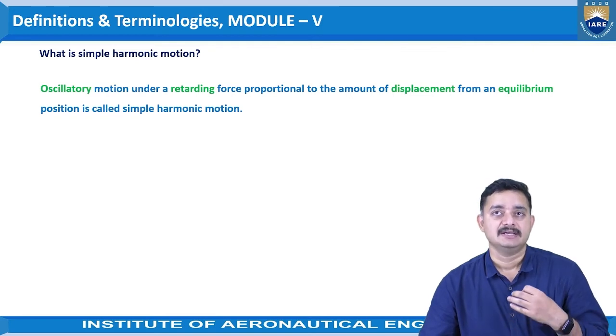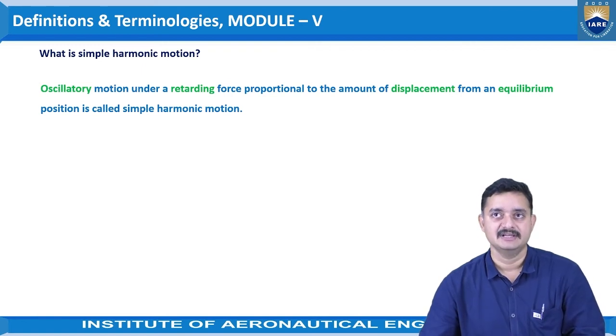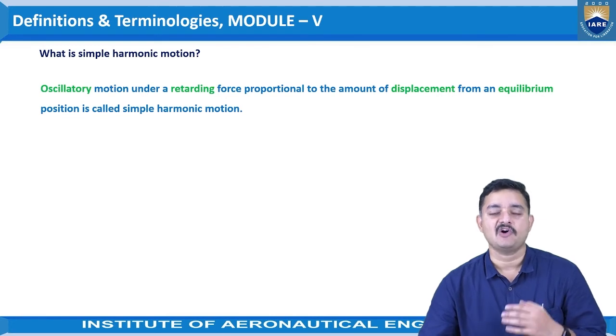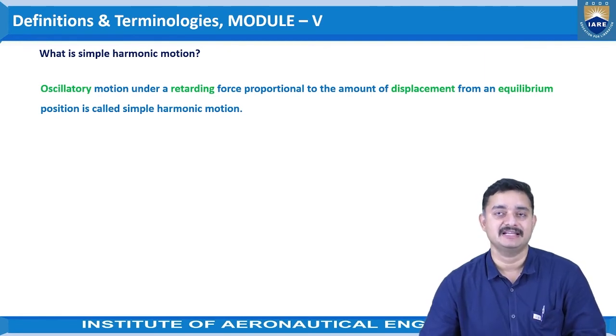Because of the elastic property which we have discussed, the retarding force is incorporated into the system and the object will be displaced. The retarding force is proportional to the displacement from the equilibrium position.